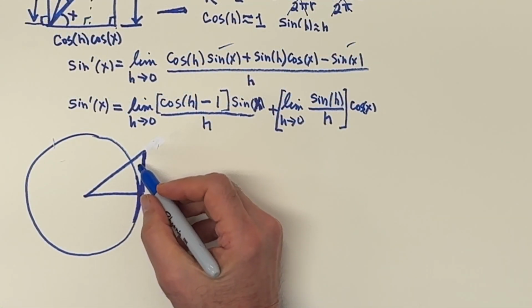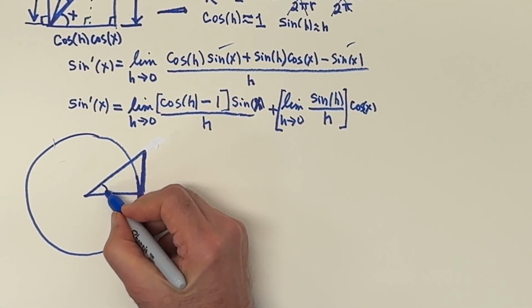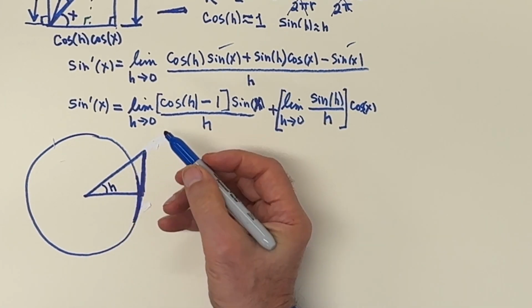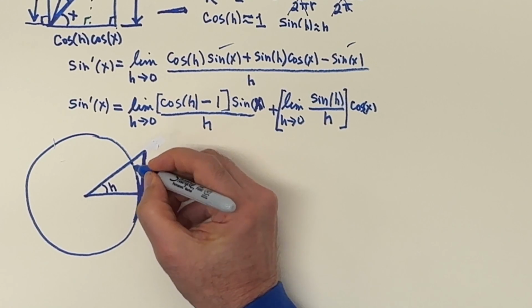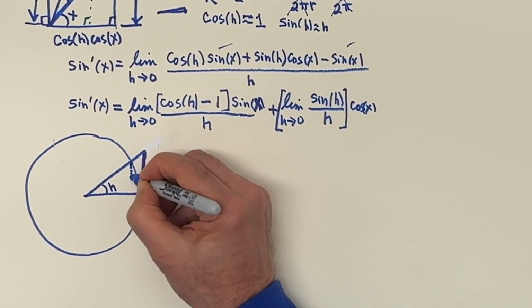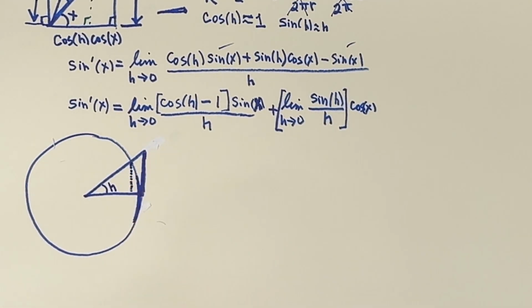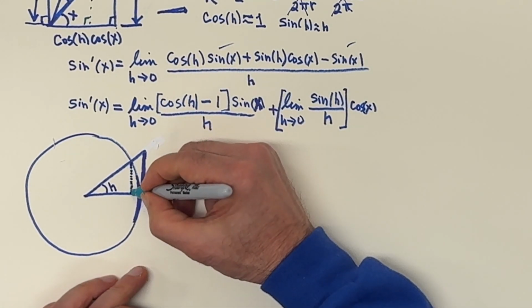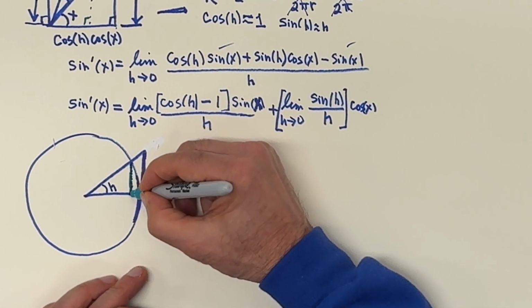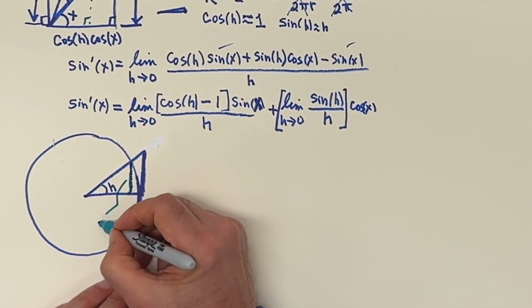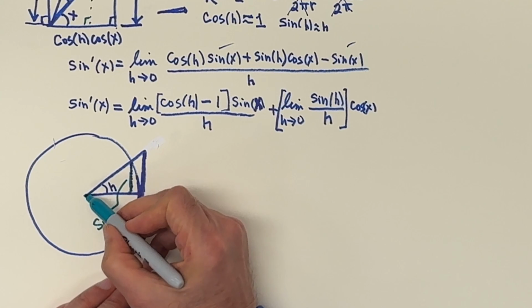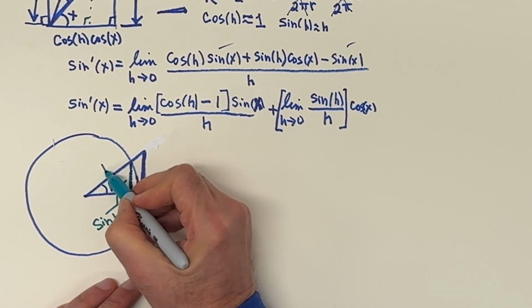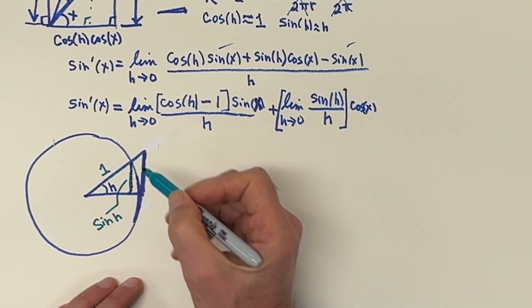All right, so now if we look at this, this is the angle h, and then here, this height in here, which I'll go ahead and put a dotted line like that. And let's emphasize that with a little different color, like this. That's going to be the sine of h, because remember that the radius of the circle is 1.